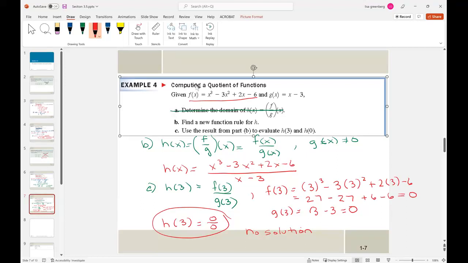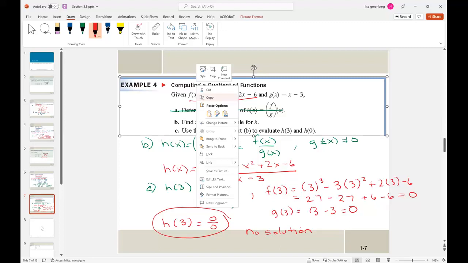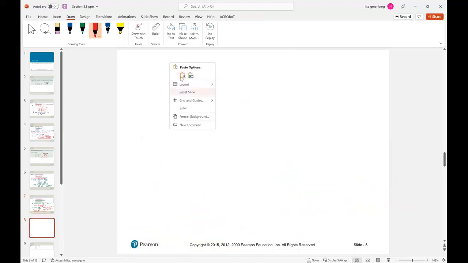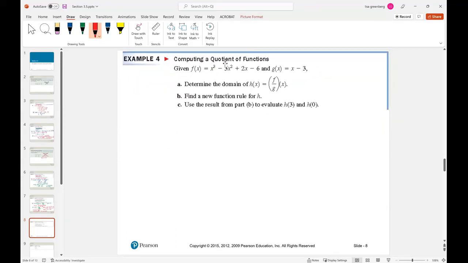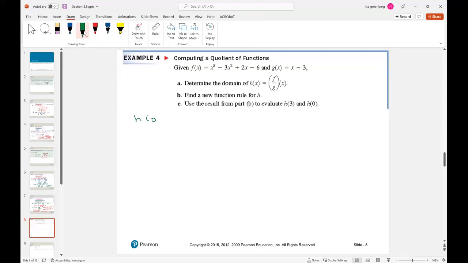So h of 0 is equal to 0 cubed minus 3 times 0 squared plus 2 times 0 minus 6. And of course, this is 0, this is 0, this is 0, so I just get minus 6.